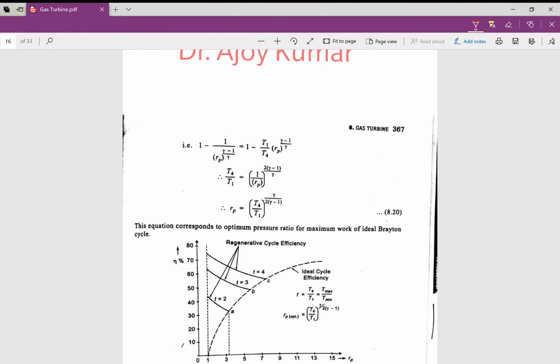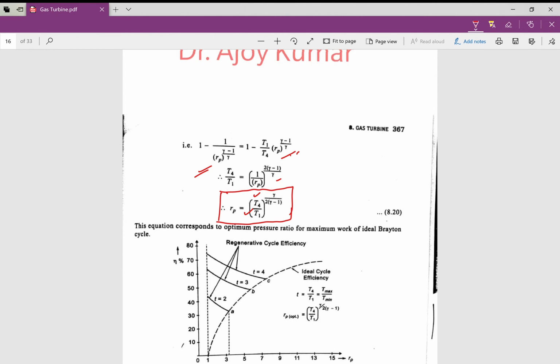So dear students, the same thing is written over here in terms of minimum and maximum temperature, pressure ratio, then T4 upon T1, and then what should be the value of pressure ratio in terms of maximum and minimum temperature, because only these two parameters will be known.